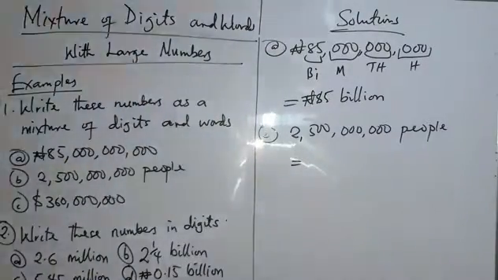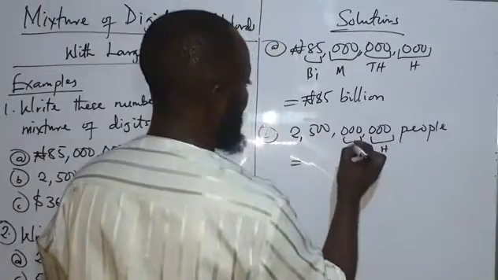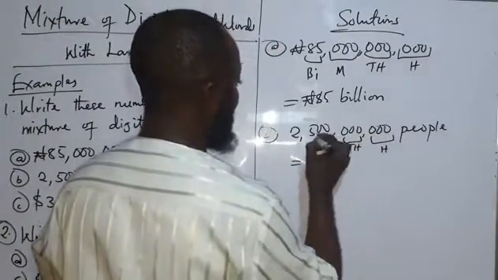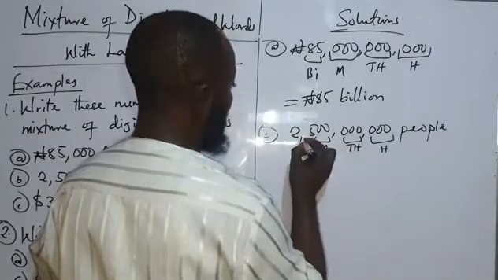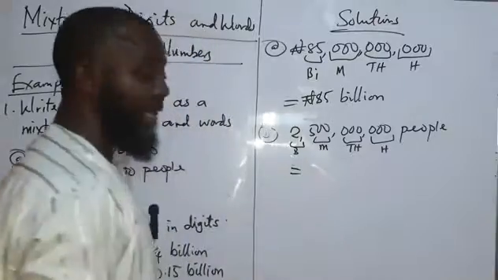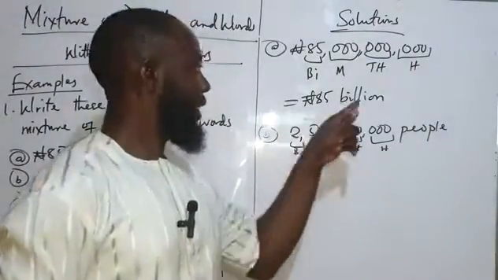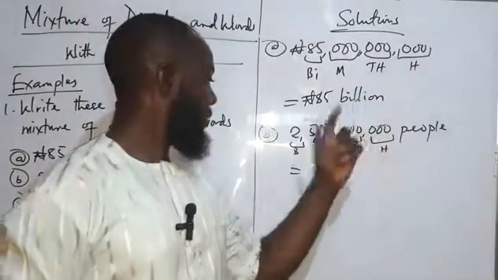Digits and words. So the first thing we need to do is the same thing. This is 100, this is 1,000, this is what? Million, and this is what? Billion. Now, what you're going to consider here, we consider the highest one that will carry the word, which is what?